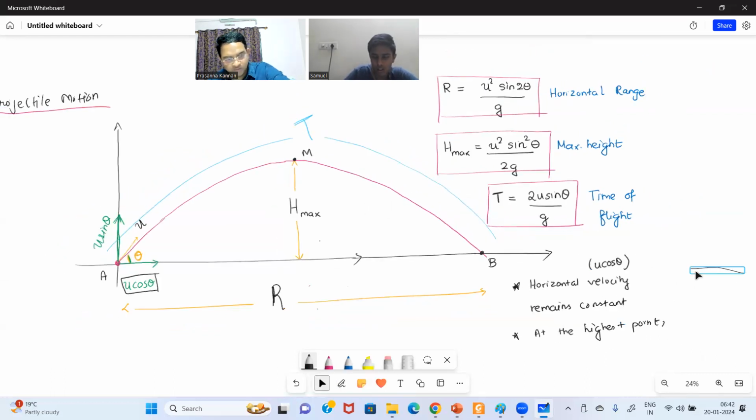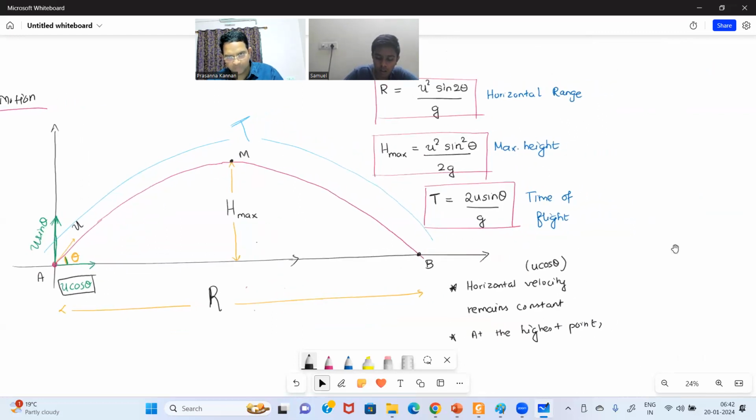At the highest point in projectile motion, vertical velocity becomes 0.